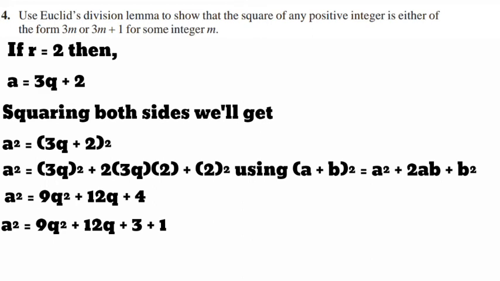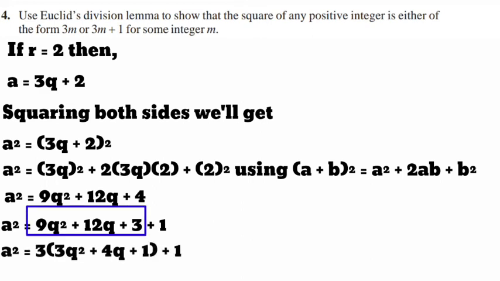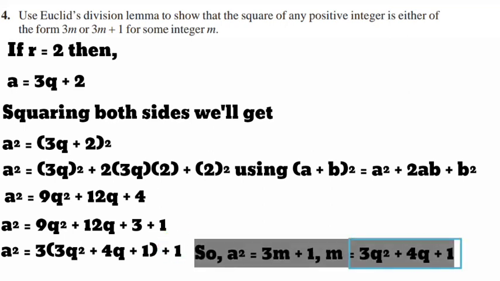Now taking 3 as common among the terms 9q square, 12q and 3, but not 1, will bring a square equal to 3 into 3q square plus 4q plus 1, and plus 1 is left alone. By taking m as 3q square plus 4q plus 1, we will get a square is equal to 3m plus 1.